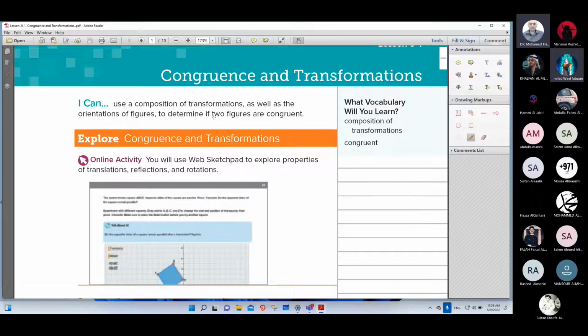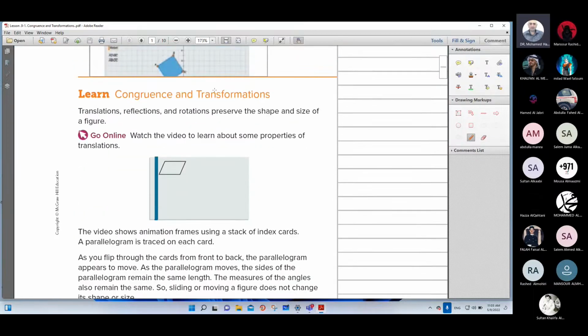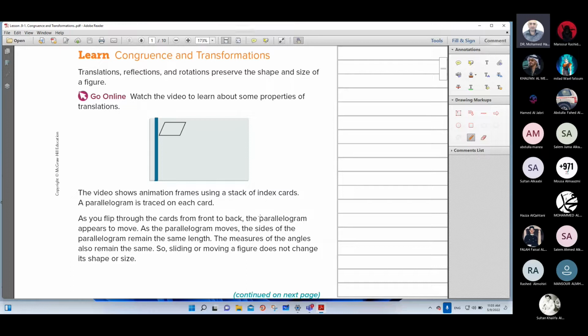Rotation. Reflection. Milad: Rotation and reflection and translation. And dilation. Thank you, Milad.